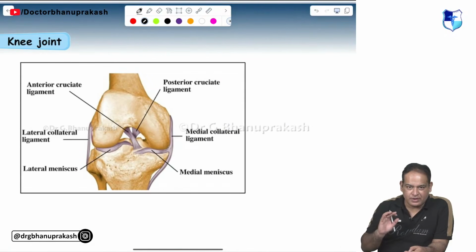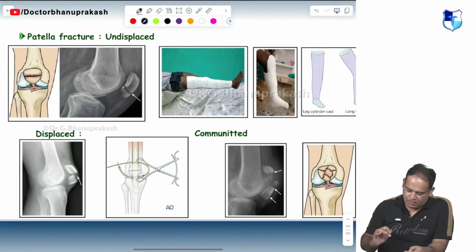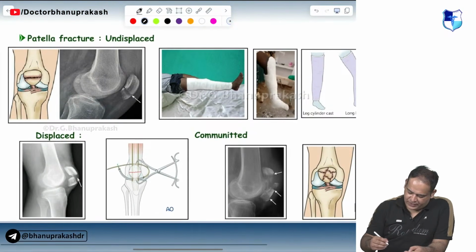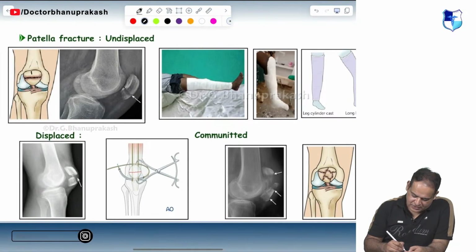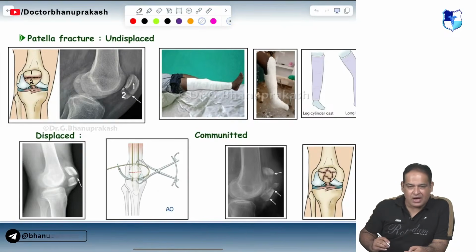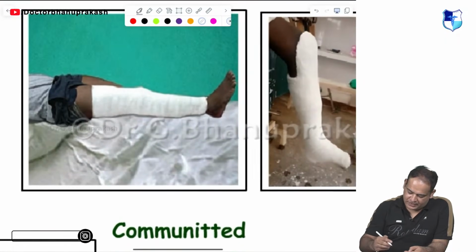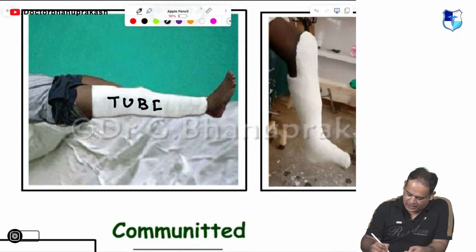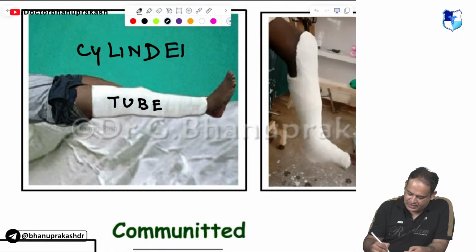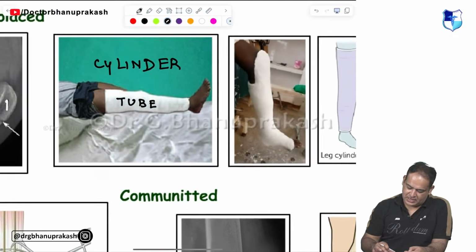Speaking of the knee joint, first, patellar fracture if it is undisplaced. Undisplaced means both fragments are close to each other. What is the treatment? Treatment is tube cast, also known as cylinder cast.